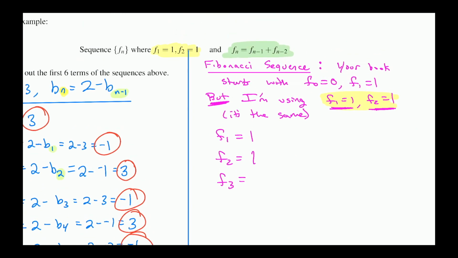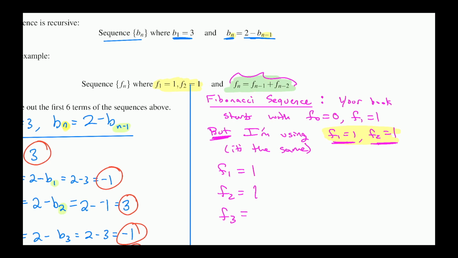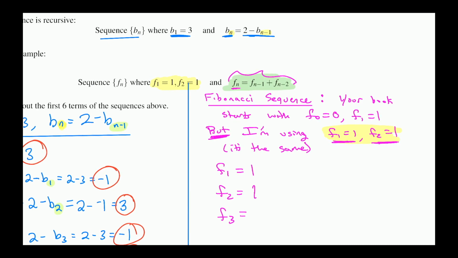It's good to see these formulas and understand them, but it's also good to remember how particular examples work out. For the Fibonacci sequence, what this is saying is that for any given term, you add up the previous two.